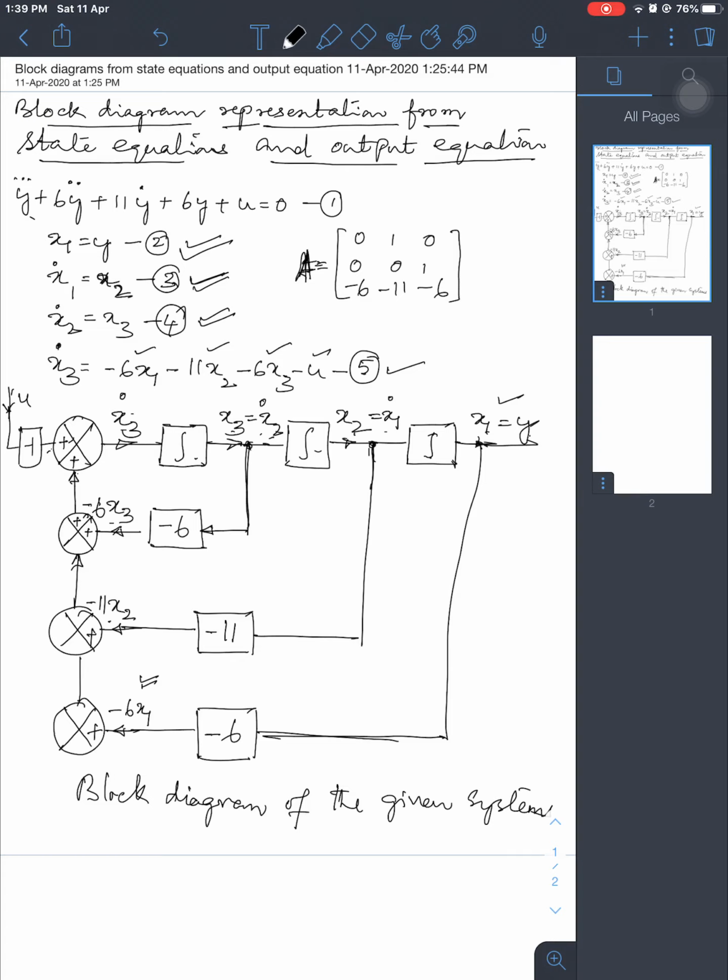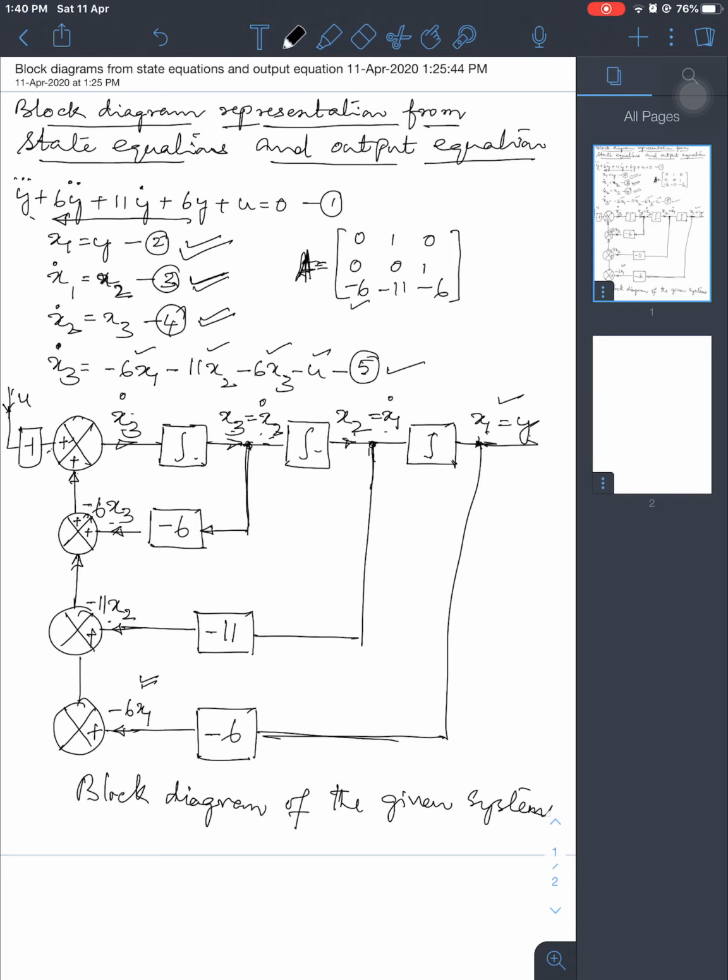The system matrix A is written as: first row being 0, 1, 0. The second row has got 0, 0, 1. And the third row, if you see, is the negative of the coefficients taken in the reverse order.